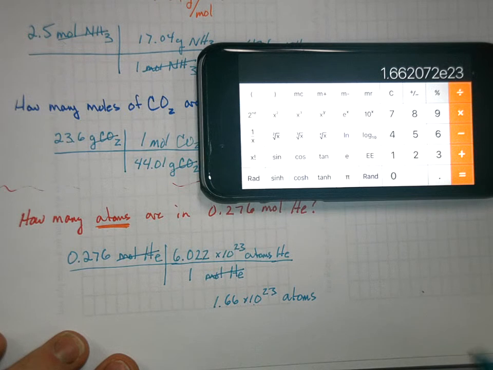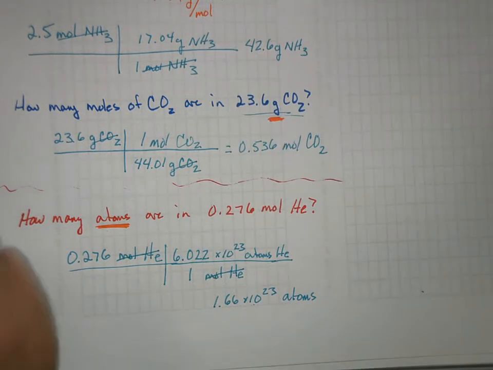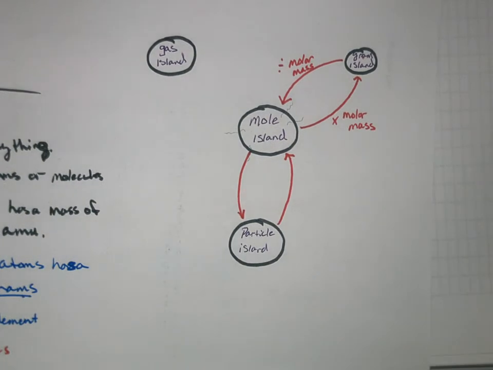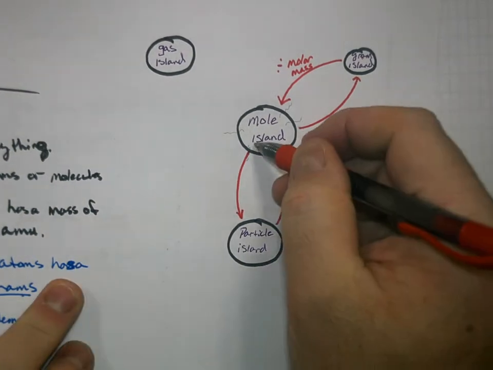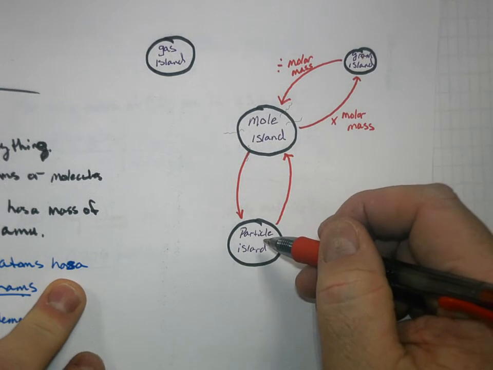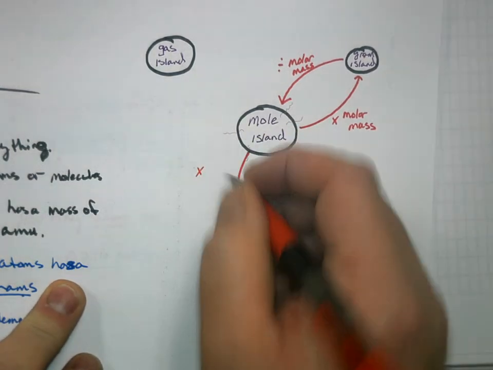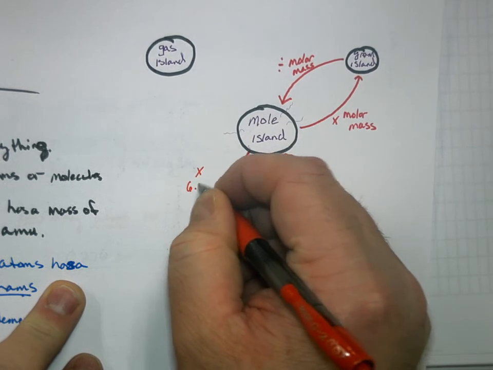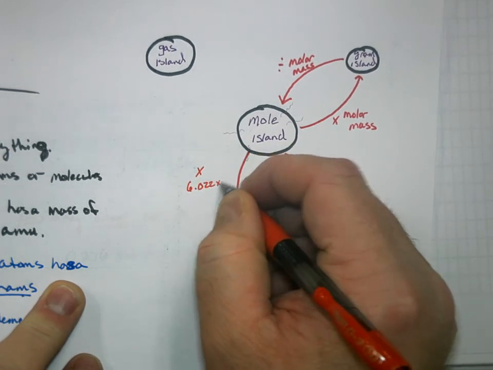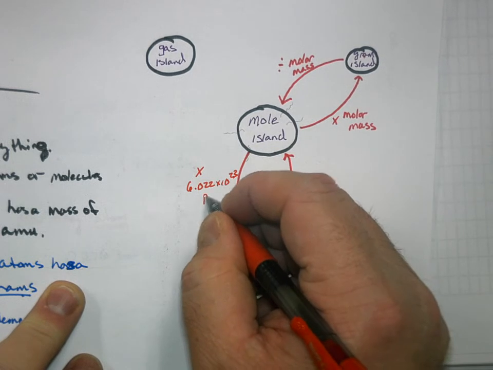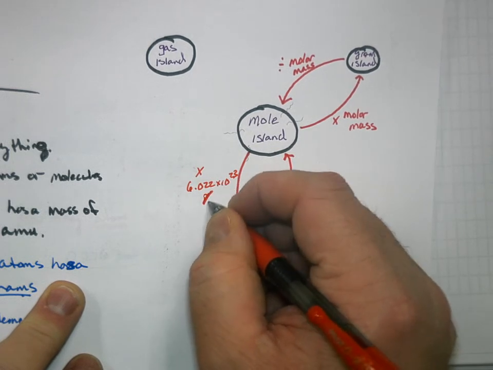So we come back to our map, and here's Particle Island, and we just discovered that if you go from moles to particles, we do what? We multiply by 6.022 times 10 to the 23rd per mole.